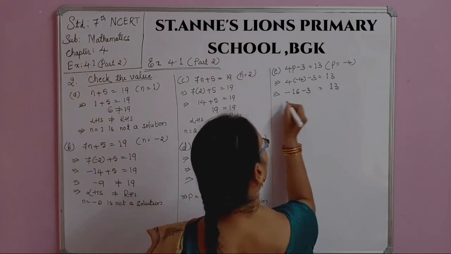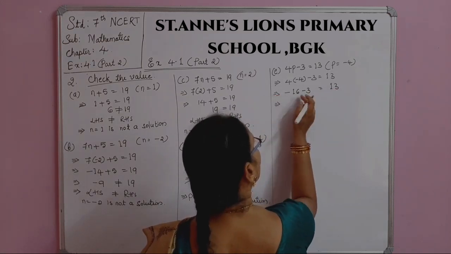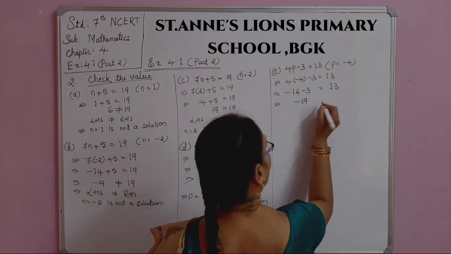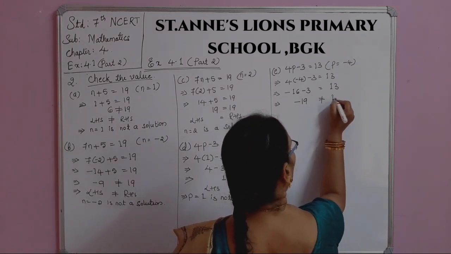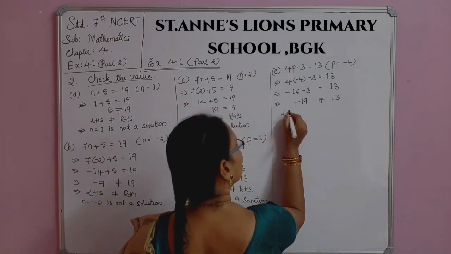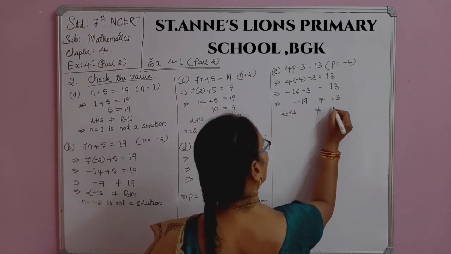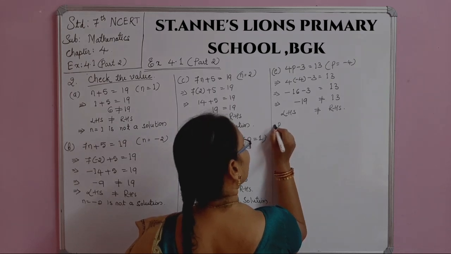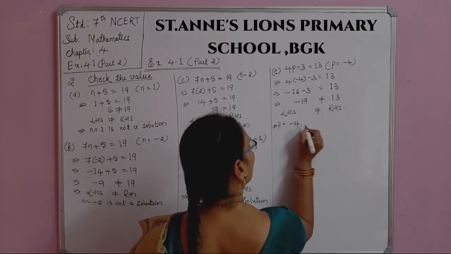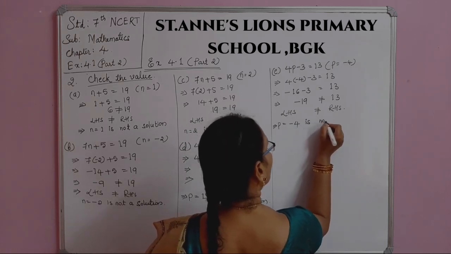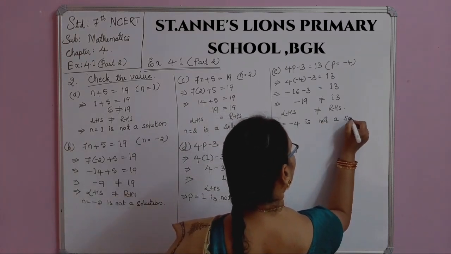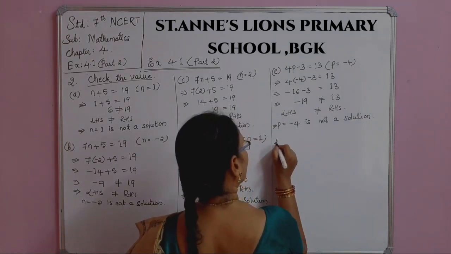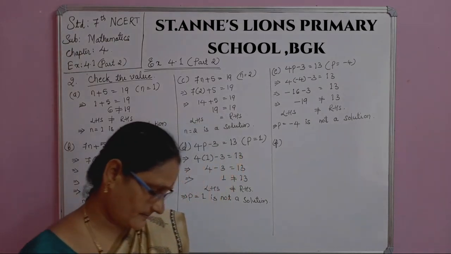Both are negative, so we add and keep the negative sign: minus 19 is not equal to 13. So LHS is not equal to RHS, and p equal to minus 4 is not a solution.